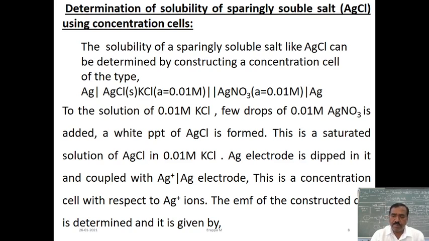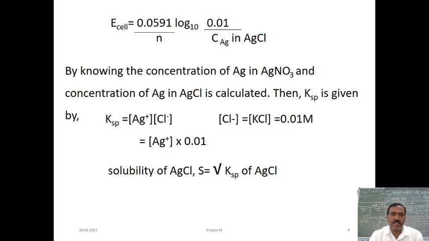The EMF of the constructed cell is given by the equation E cell is equal to 0.0591 divided by n log of the concentration of Ag+ in AgNO3, which is 0.01, divided by the concentration of Ag+ in AgCl, which can be calculated.